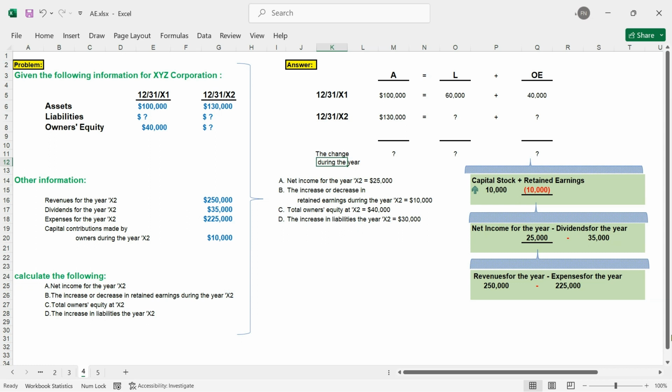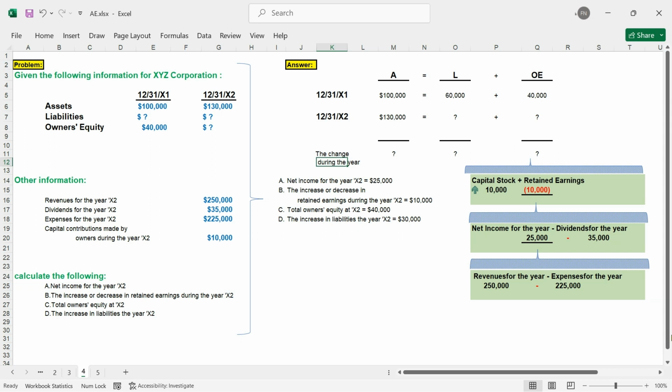Then again, doing a comparison of the beginning balance sheet and the ending balance sheet to discover any changes or trends in these elements of the balance sheet, I'll go to the ending balance sheet at 12/31/X2, and they don't give me nearly as much information, but they do tell me that assets amounted to $130,000. But they don't give me a balance of liabilities or of owner's equity, and as a result, I'm kind of at a loss here.